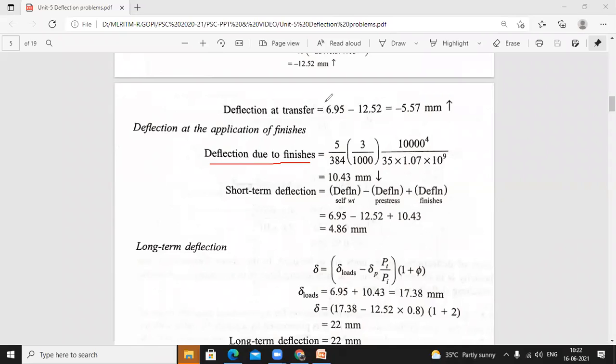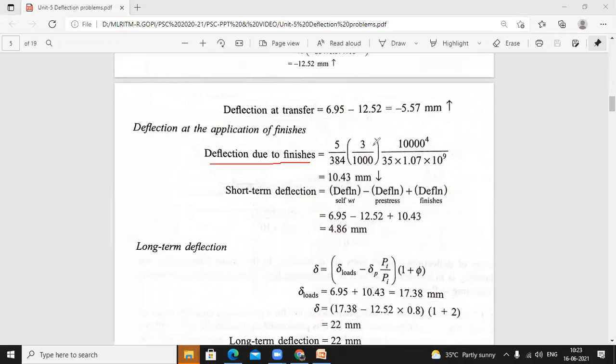The formula will not vary; it depends upon the load. Whether it is a dead load or a live load, we always calculate in terms of kilonewton per meter.